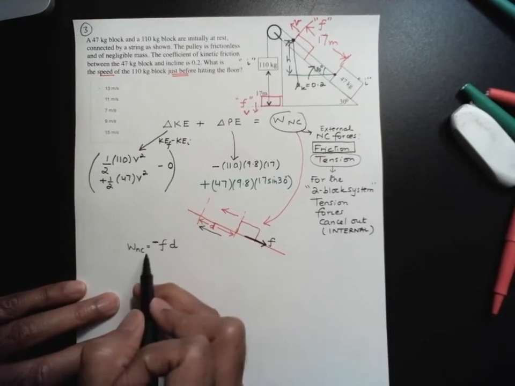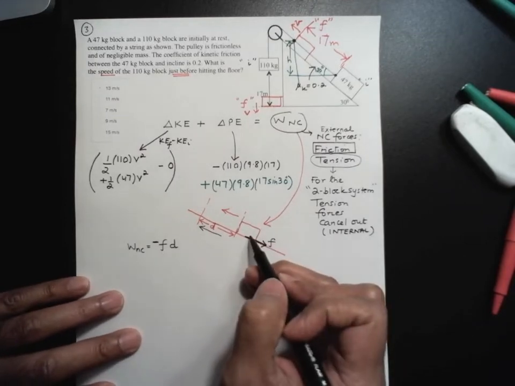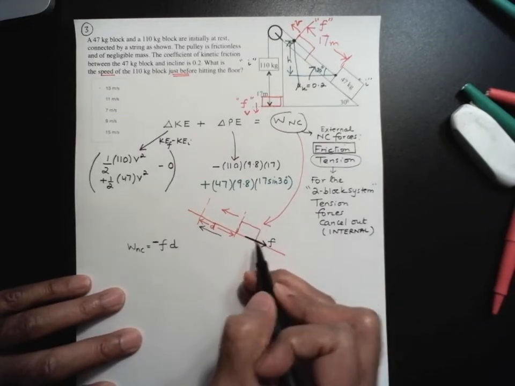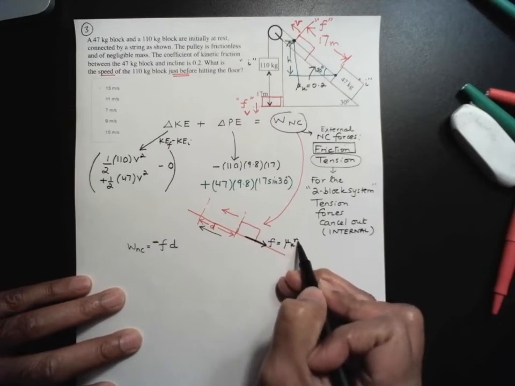Okay, and this we can calculate out to be, now what's the frictional force? The frictional force is always mu sub k times the normal force, right?